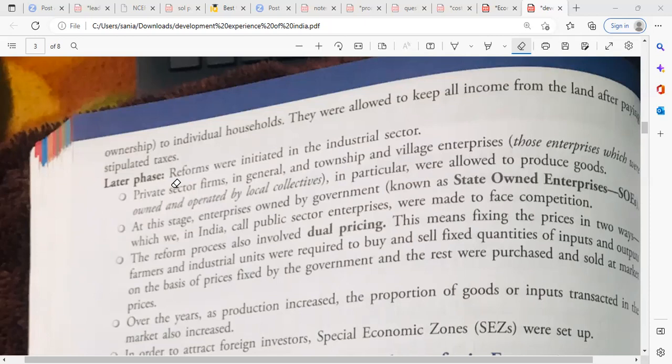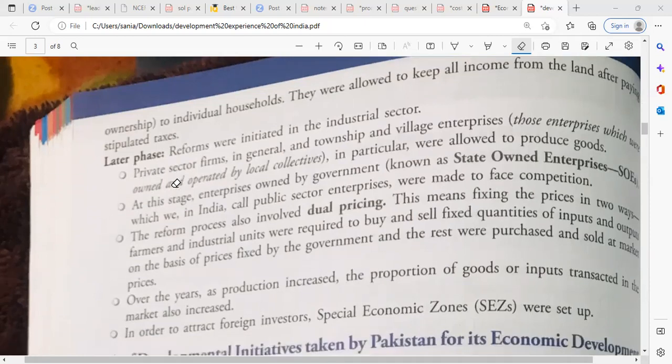In the first phase it was agriculture and foreign investment. But in the second phase, reforms were initiated in the industrial sector. First of all, private sector firms in general, and township and village enterprises in particular, were allowed to produce goods.